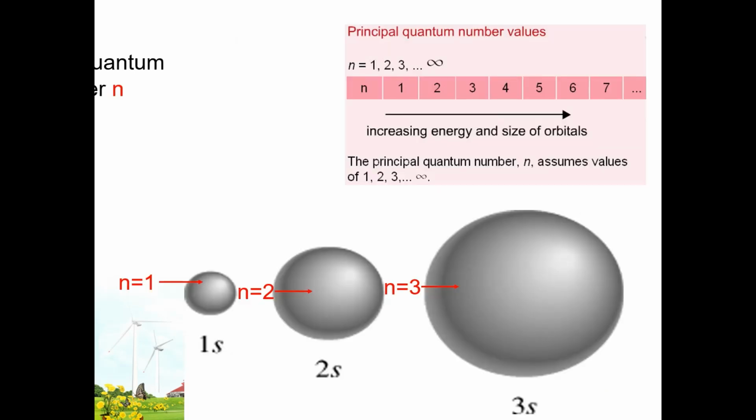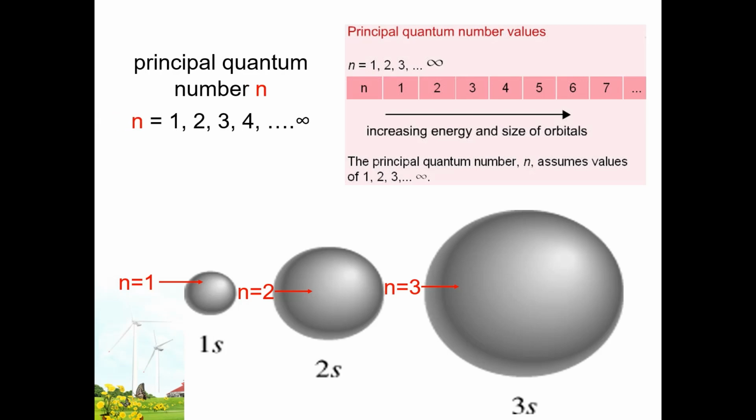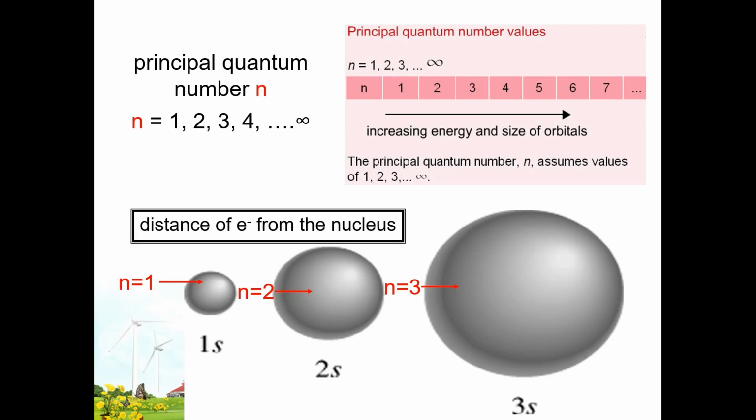So you can see here the principal quantum number n equals 1 is small, very near to the nucleus. n equals 2 is larger. n equals 3 is even larger, away from the nucleus. So the higher the n, the greater the energy and size of the orbital.